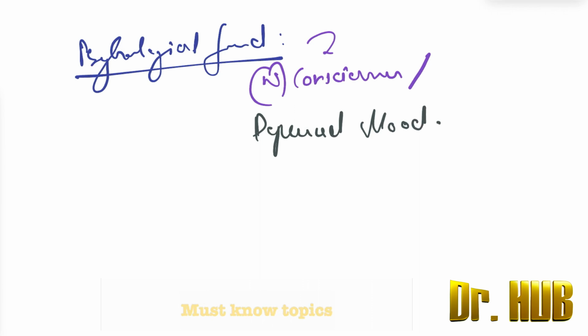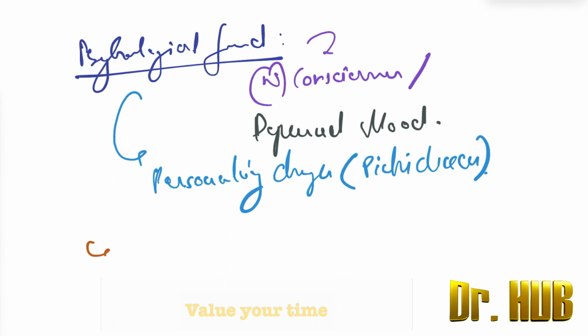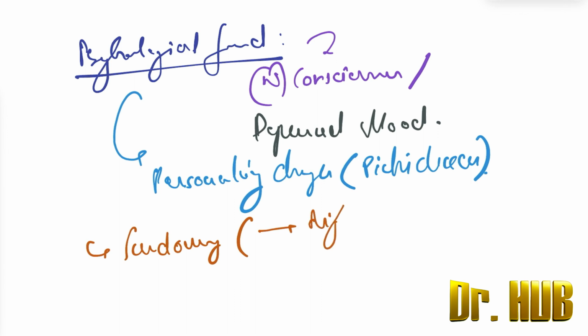Then there are personality changes in early stages. This happens in the early stages of Pick's disease. Then there is sundowning, where the symptoms worsen at night.